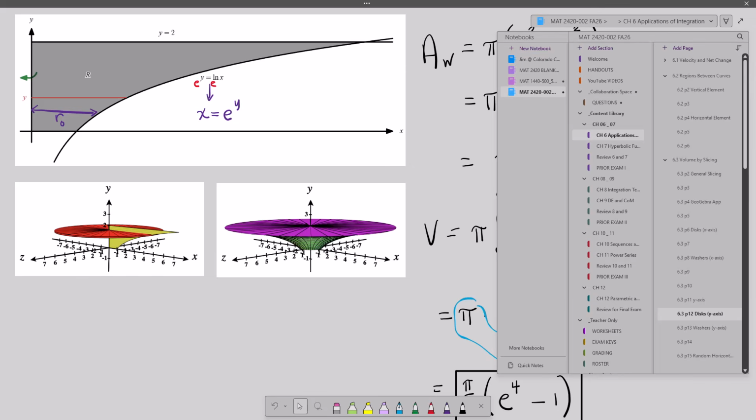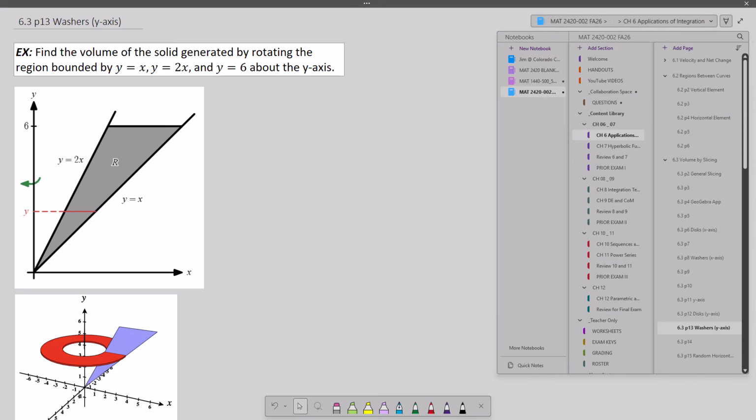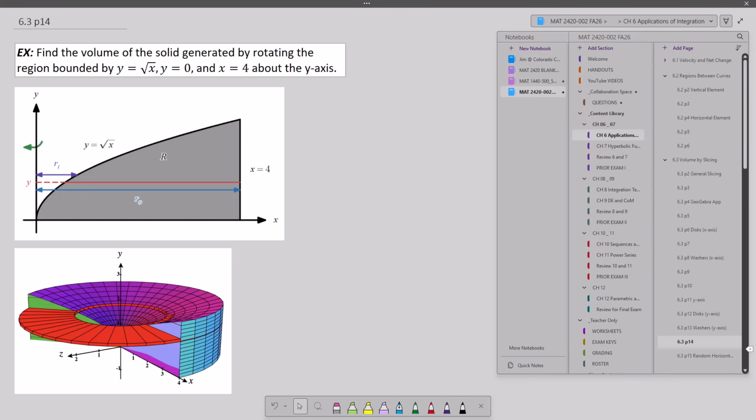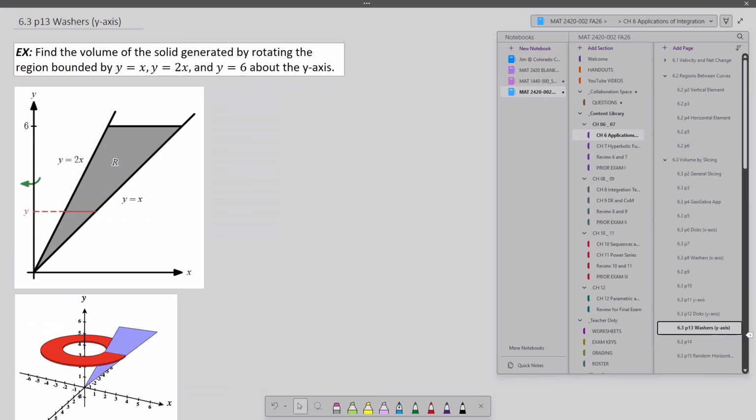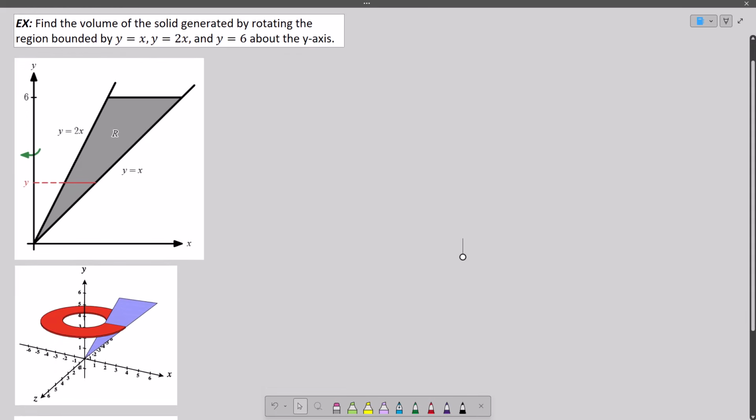All right, let me just remind myself of one thing here. Okay. I'll do this one, and then you guys can try the next one. So we'll do a bona fide washer one now. When we look at our region, this region is bordered by 3 curves to build that triangular region.